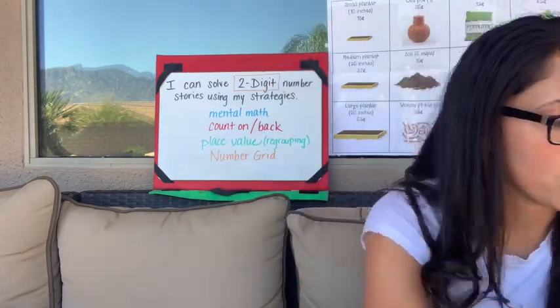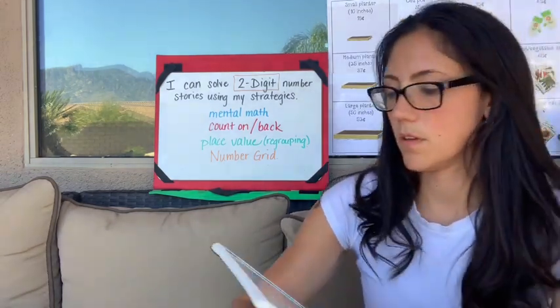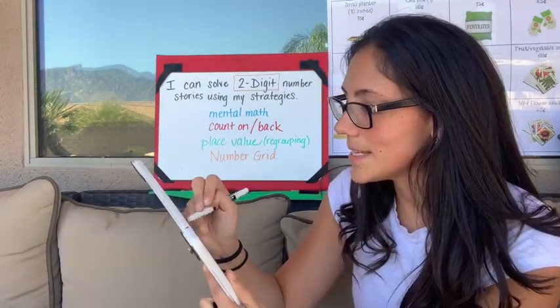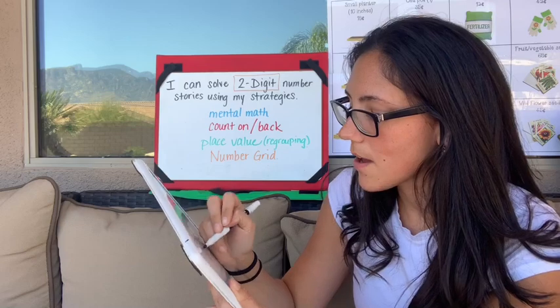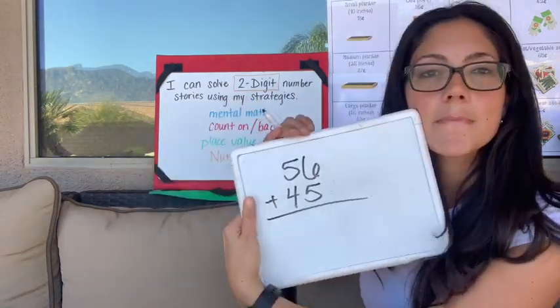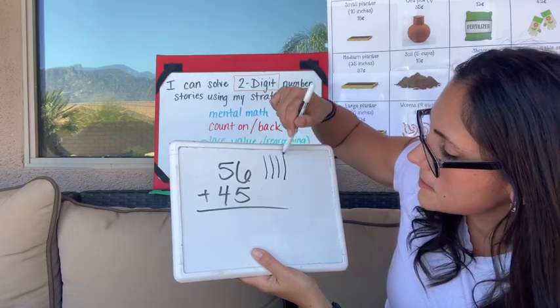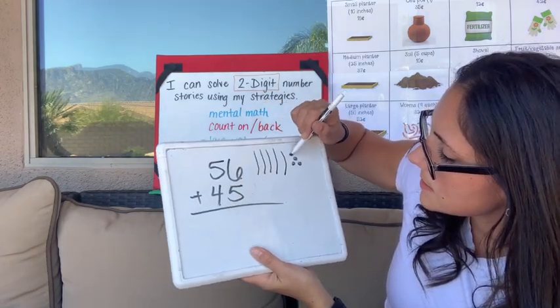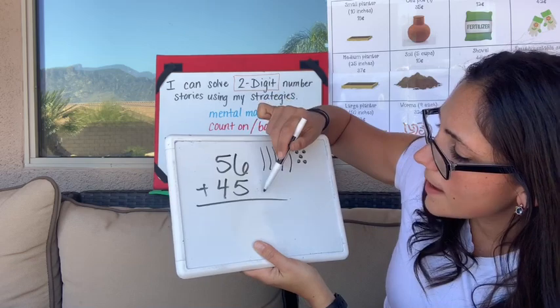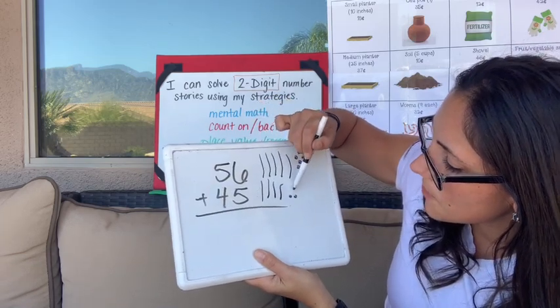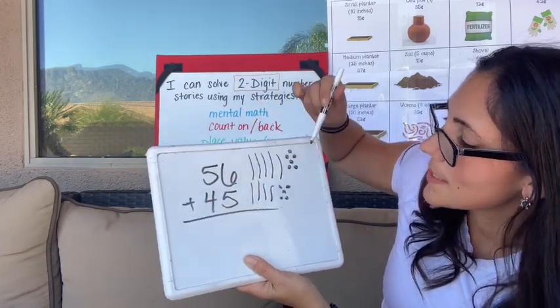For example, if I'm adding 56 and 45, I think of it as my place value pieces. Well, 56 is 5 tens and 6 ones, and 45 is 4 tens and 5 ones. So I'm going to group together my common pieces.